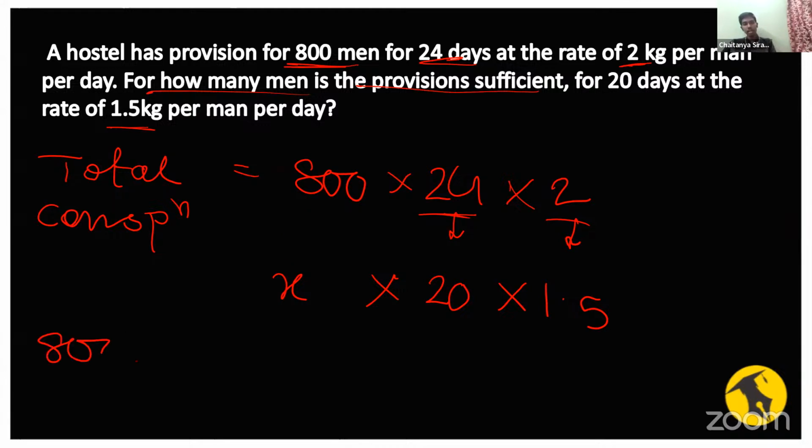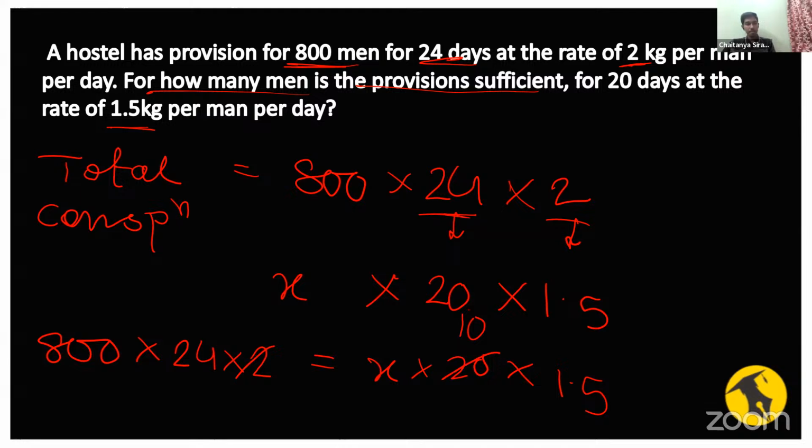So I can write 800 into 24 into 2 equal to X into 20 into 1.5. I can straight away cancel this with 10. I'll cancel the 0 for 1.5. I can do it by 3, so this is 0.5 and this will become 8.